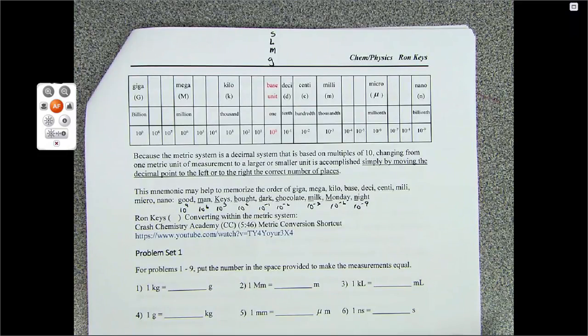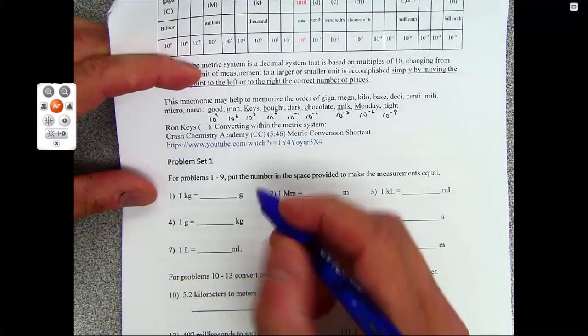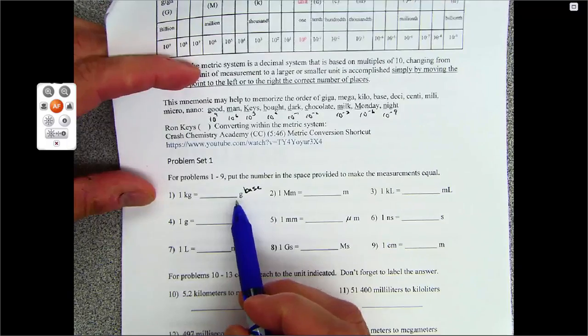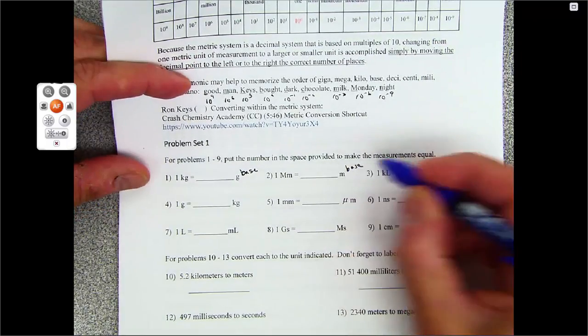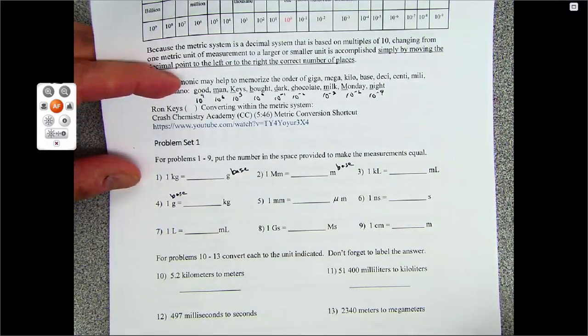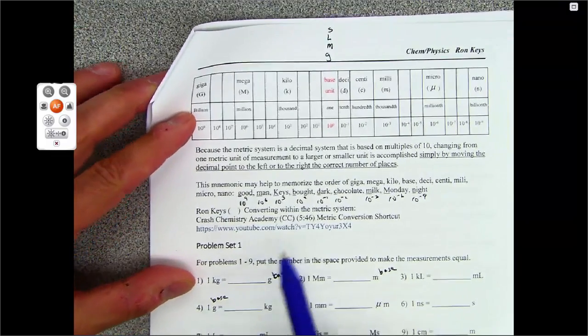Okay, so let me show you how easy it is to get larger and smaller in the metric system. So number one, this is a base unit because there's not another letter with it. It's a single letter. So any single letter is a base unit. So we go up here and we want to go kilograms to grams.